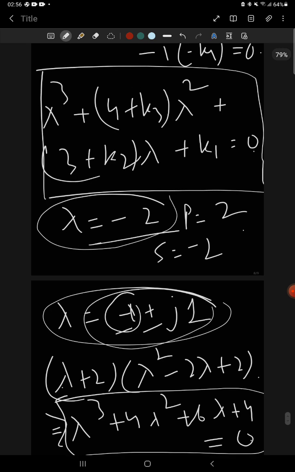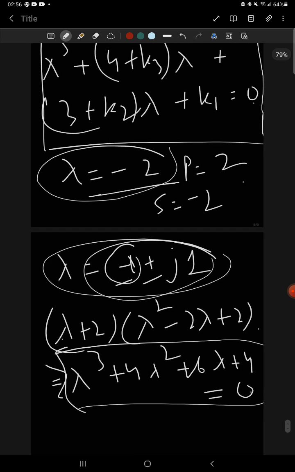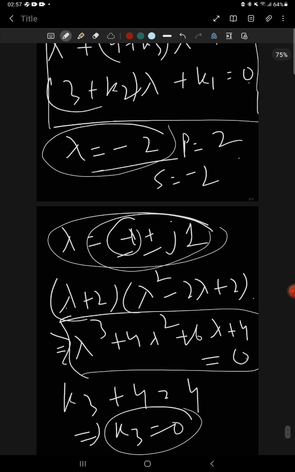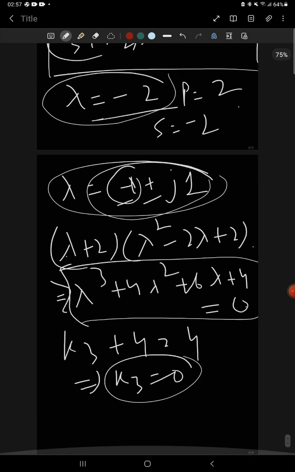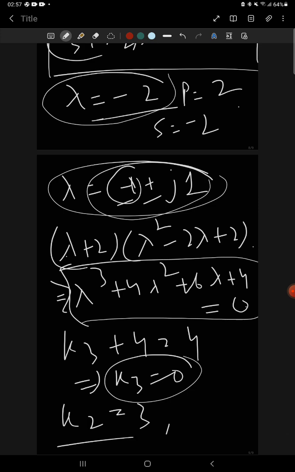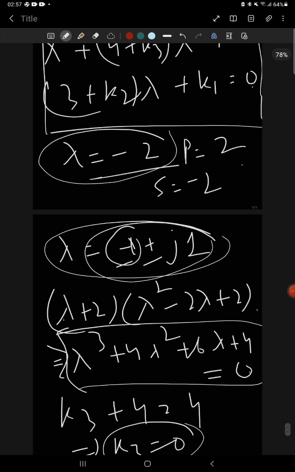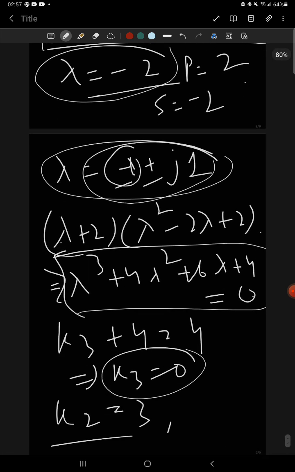So if I equate, you'll observe that there's no change in lambda cube, but my K3 plus 4 will become equal to 4. So therefore my K3 is 0. Okay, then 6, and here it is 3 plus K2. So my K2 will become 3, and last is K1. So my K1 will be 4, right? My K1 will be 4.